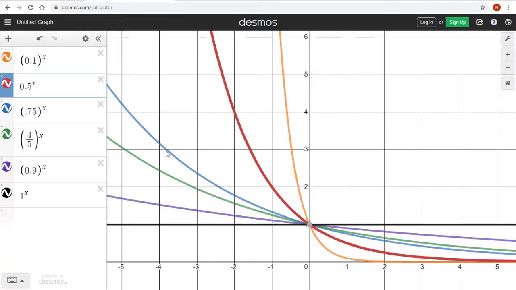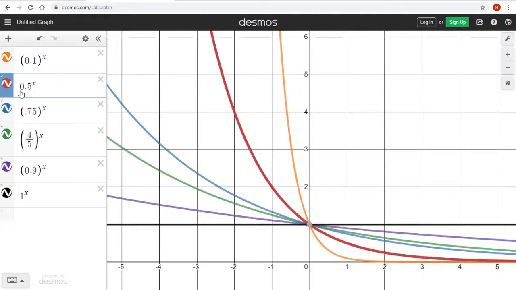And so now after seeing all 6 different graphs here, we can also see another common property: any of these graphs has the y-intercept at that common point 0, 1. So let's look at the one in orange right here. The orange graph 0.1 to the x passes through the y-axis at 0, 1, or exactly at y equals 1 on the y-axis.